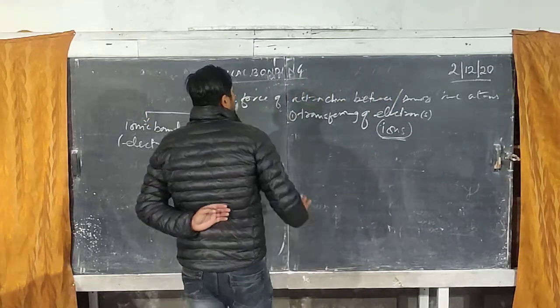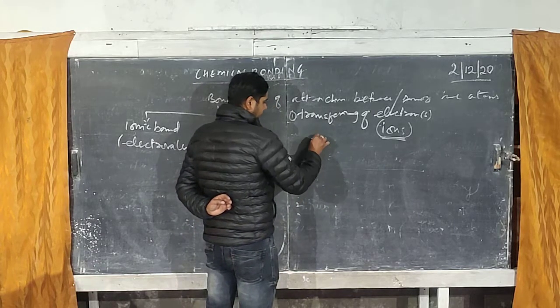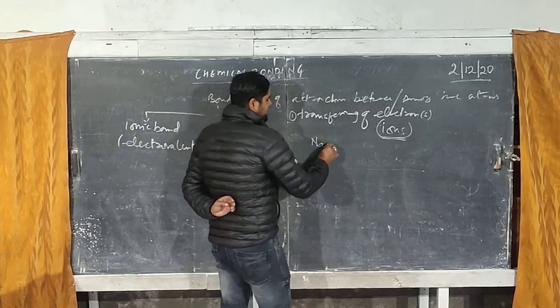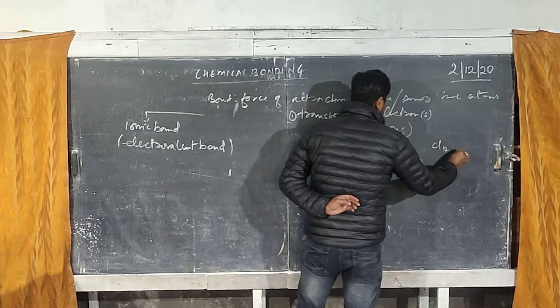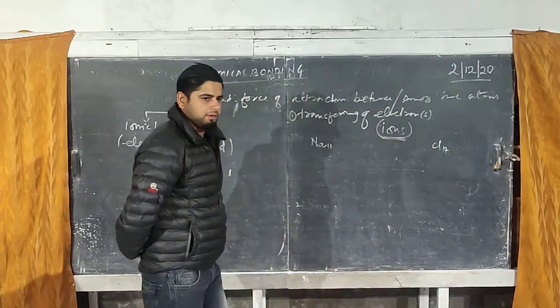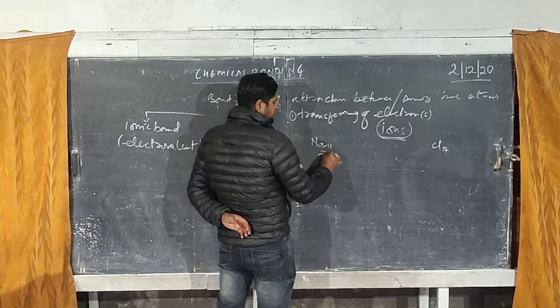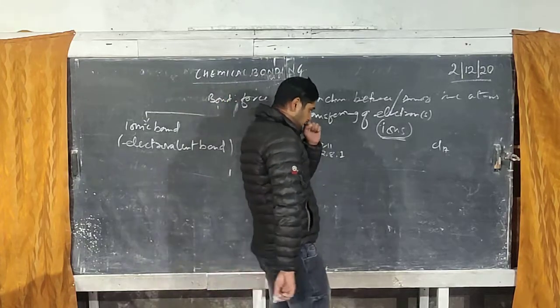Now I'll give you a very simple example. Na, atomic number 11. Cl, atomic number 17. If you do the electronic configuration, then you get 2, 8, 1 for sodium. Yes or no?